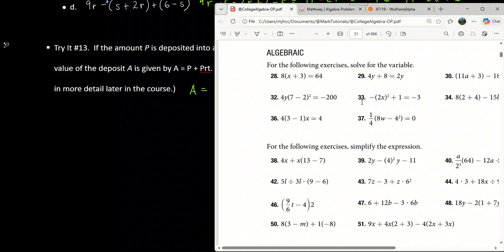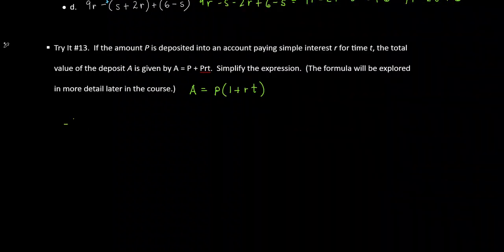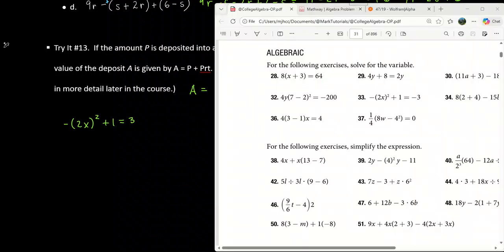Looking at number 33 here, we have negative 2x squared plus 1 equals negative 3. Let's take a look at that one. Is that what it was? Let's check. It's (-2x) all squared plus 1 equals negative 3.